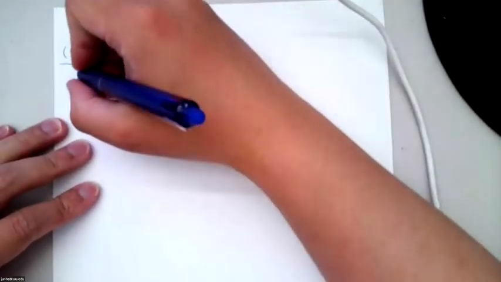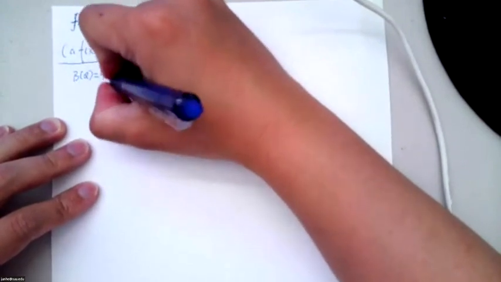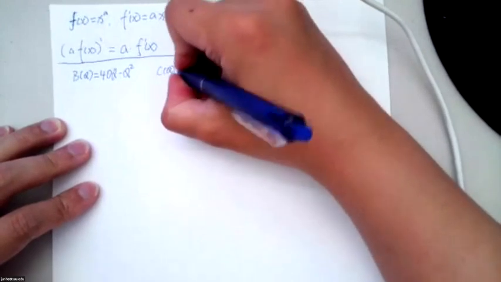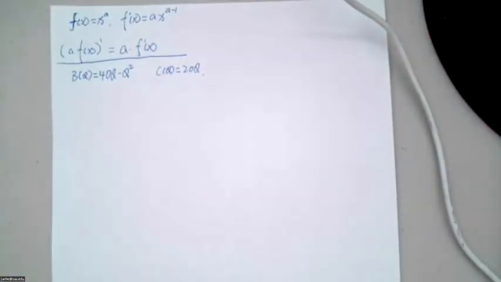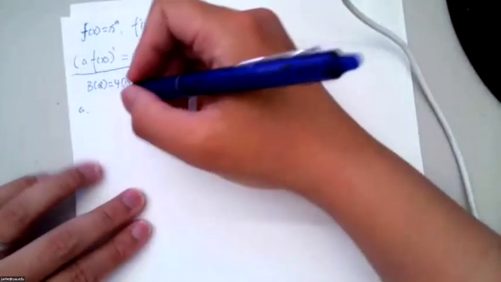Knowing that B(Q) equals 40Q minus Q squared and C(Q) equals 20Q, question 1 asks us to work out the functional expression of marginal benefit.